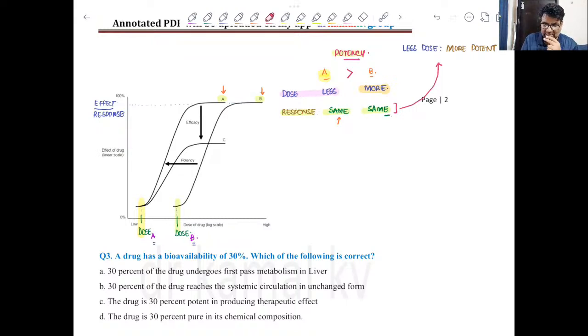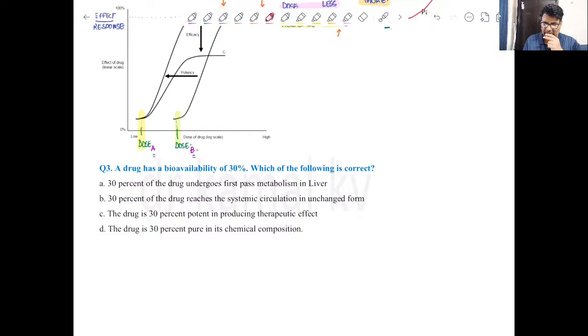So here we will say that A is more potent than drug B because we need a very small amount of drug A as compared to drug B. So this is the concept of potency: the amount of drug needed to produce a certain desired response.